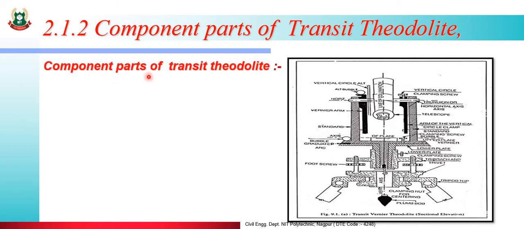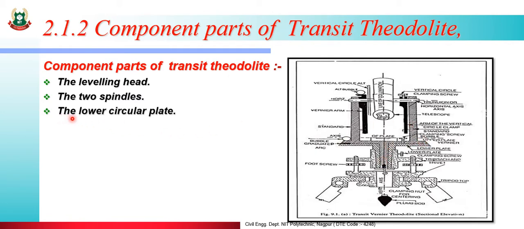Component parts of transit theodolite are the leveling head. This is a leveling head. Two spindles. This is the outer spindle and this is the inner spindle.